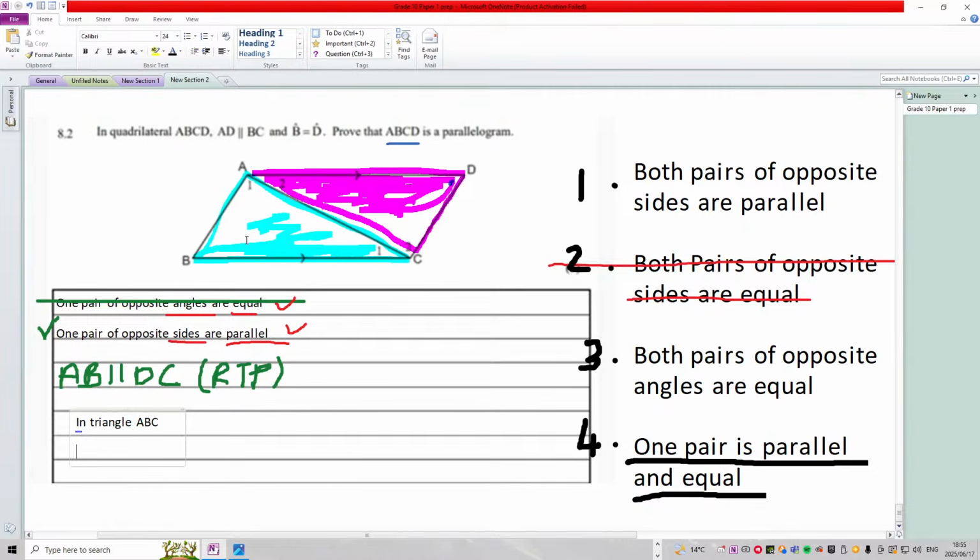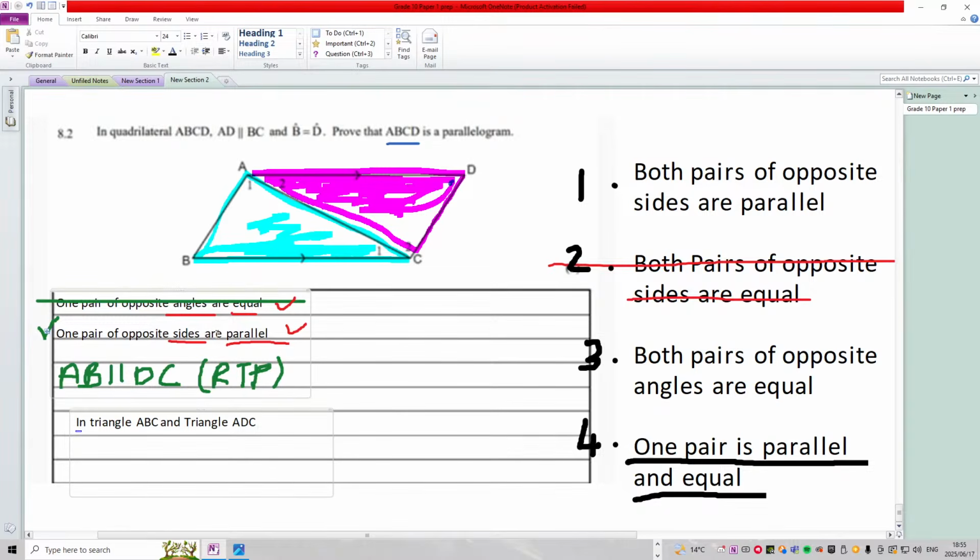We need to now prove in triangle ABC and triangle ADC. We're going to compare the following now.